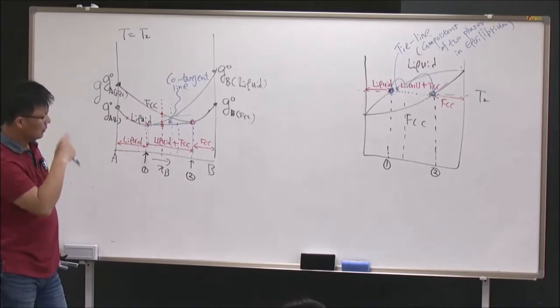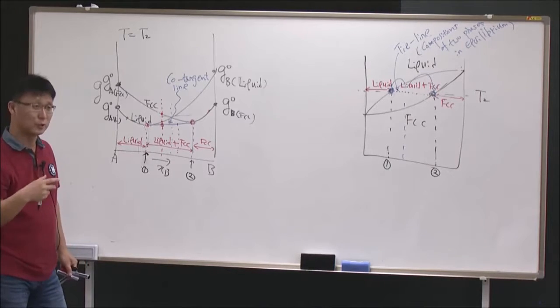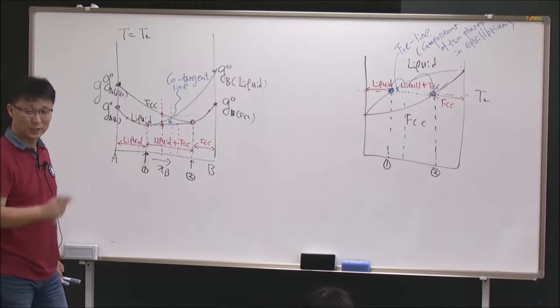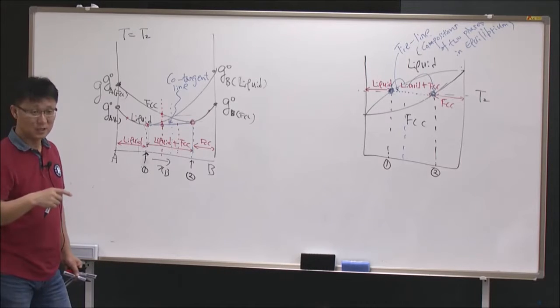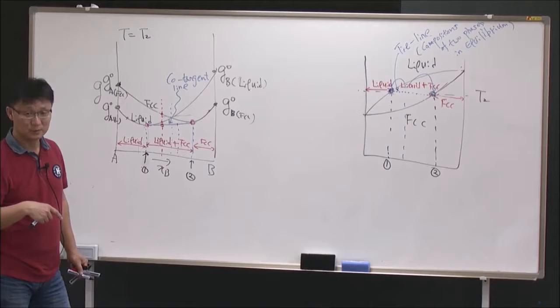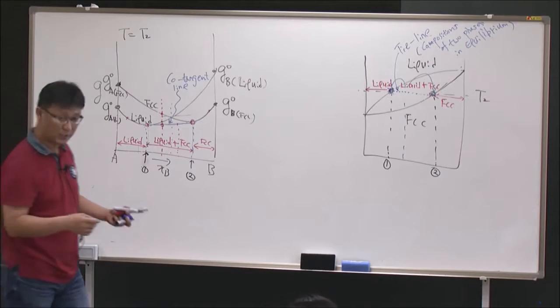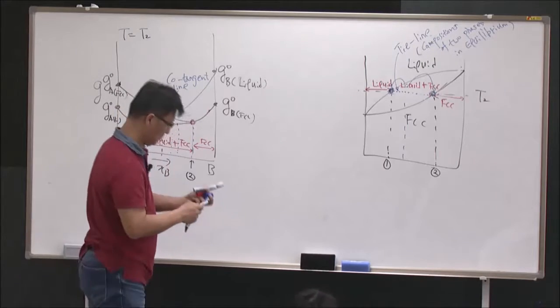Okay? Then you might be very interested: you say a certain fraction of A, a certain fraction of B. What is that fraction? How do we actually calculate that? That's the so-called lever rule. I think you probably heard about the lever rule.